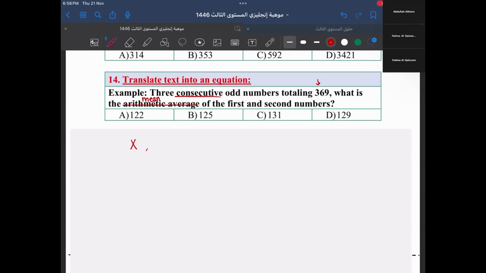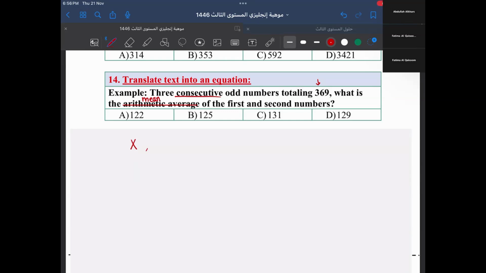Yes, okay, so I've learned a way to solve this this year. It wants 3 consecutive odd numbers, so we can do x, plus x plus 1, plus x plus 3, plus x plus 5 equals 369. But it's a bit long.